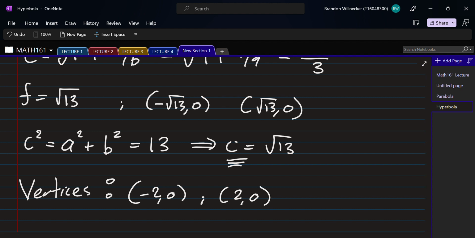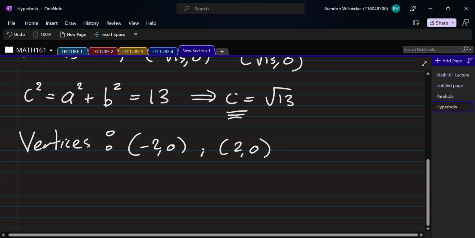Again, along the x-axis. If this was a vertically oriented hyperbola, then these points will be along the y-axis instead. So please, like I said before, go on Desmos, plot these, look at vertically oriented, look at horizontally oriented, and see where those points end up being. So that's the vertices.